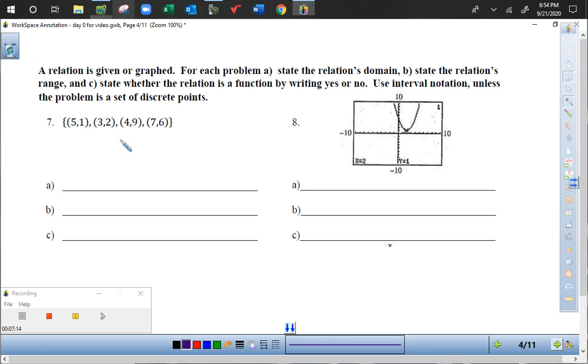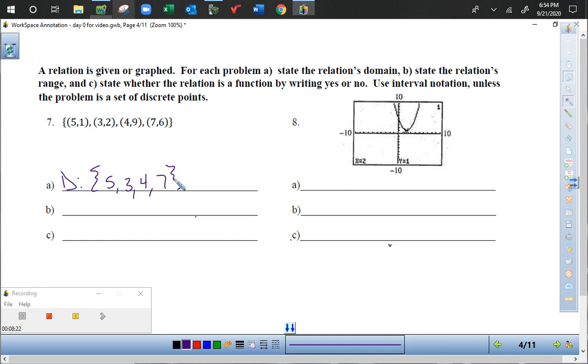So first step, let's talk about domain here. Remember, it is the x value, so we will just list our x values since we only have 4 of them. And I'm just going to go in the order that you see them. So 5, then 3, then 4, then 7. What's really important for domain and range is that we're just listing the x values that show up, or the y values that show up on your graph, or in your definition of your relation.